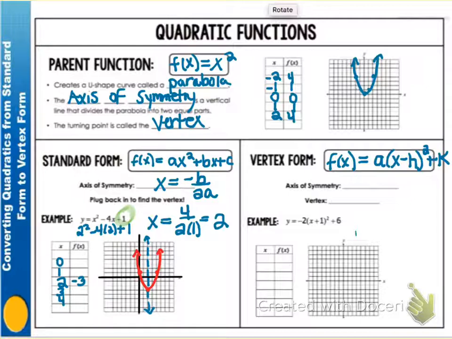If the a was greater than 1, it's going to stretch it, make it skinnier. If it was between 0 and 1, it would flatten it out and make it just wider, like flatter.